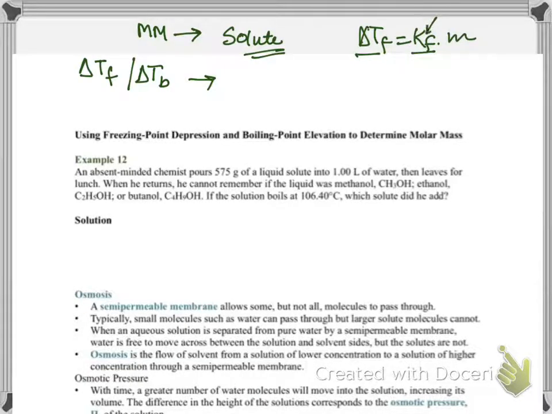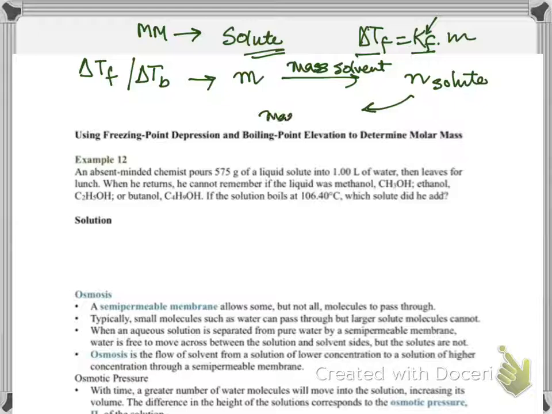Kf value is constant. Using this and the Kf value or Kb value, you can find out the molality. Using the molality and mass of the solvent, you can find out the moles of the solute, and from the moles of solute you can find out the molar mass by dividing the mass of the solute by the moles.